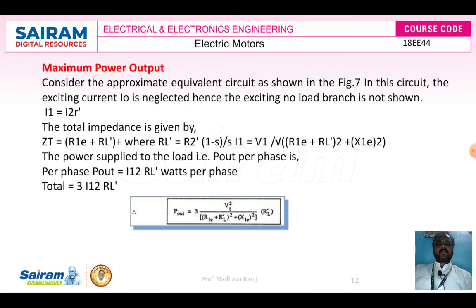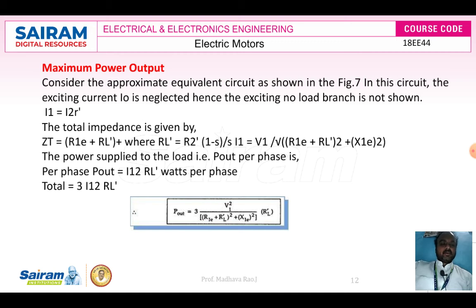Next one, maximum power output. Consider the approximate equivalent circuit diagram as shown in the previous slide. The exciting current I0 is neglected, hence the exciting no-load branch is not shown. Since the exciting current is neglected, I1 is equal to I2'.